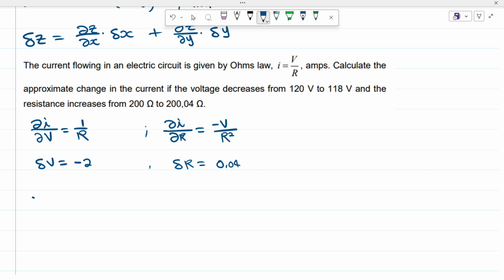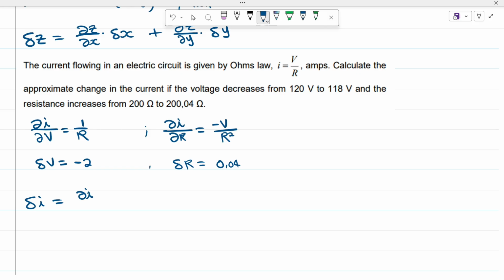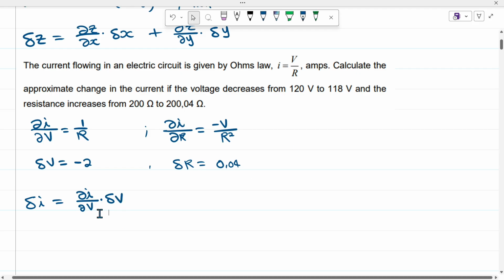So that means our small change in I is going to be equivalent to partial derivative of I with respect to V multiplied by the small change of V. Also, another thing so that you avoid memorizing and having to stress about memorizing this: whenever you're differentiating with respect to a variable, you have to multiply by the small change of that variable. For example, here I was differentiating I with respect to V. I must multiply by small change in V.